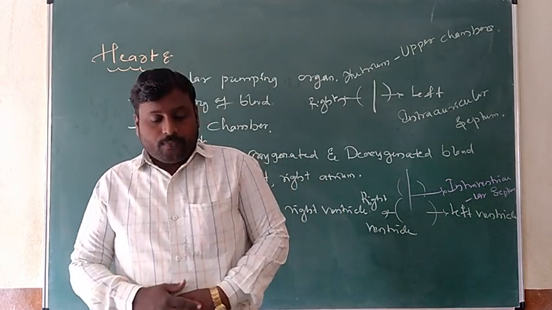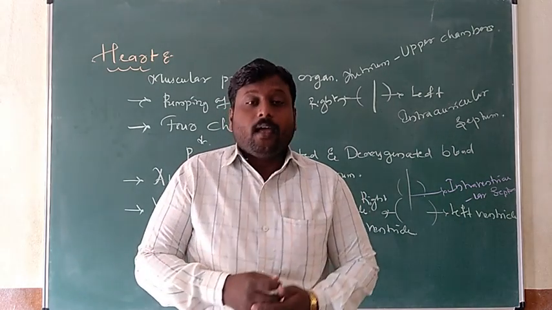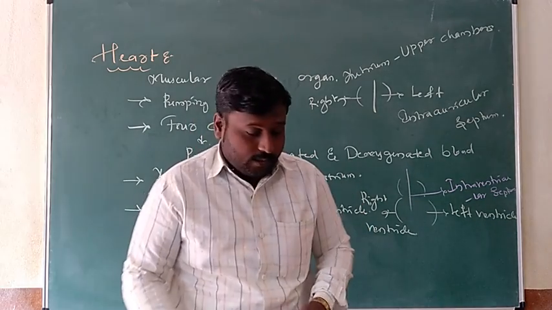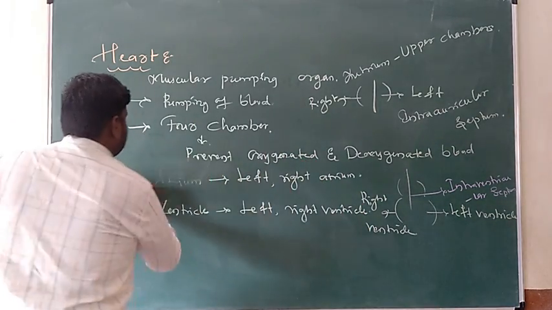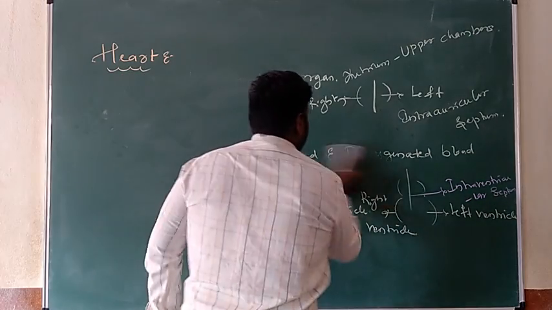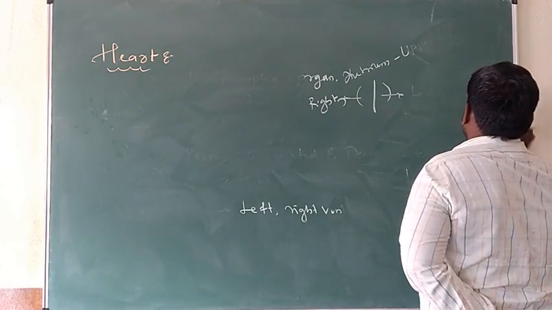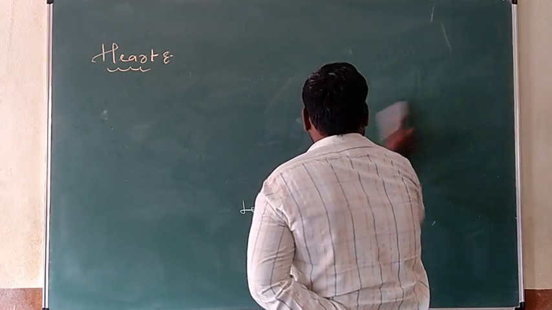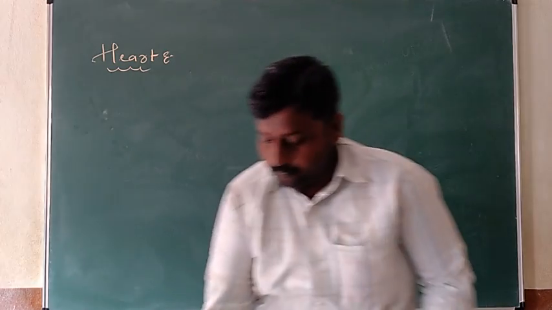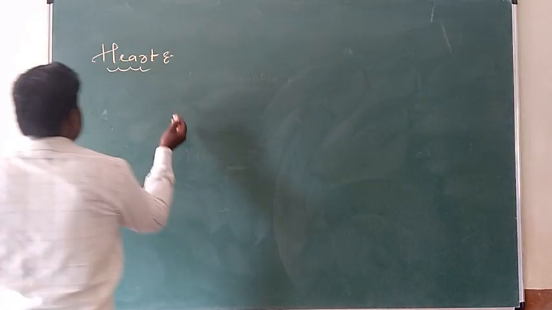First of all, the blood is received by what? The left atrium. The left atrium receives oxygenated blood from the lungs. Carefully observe, dear students.